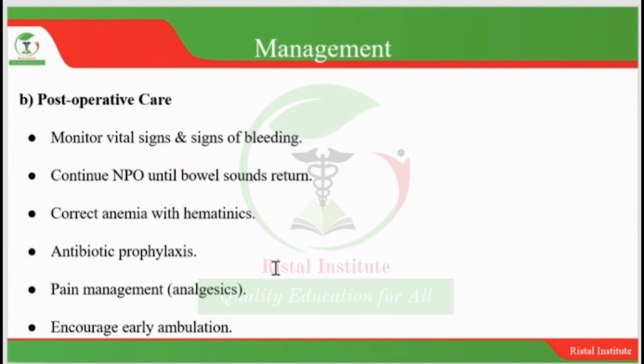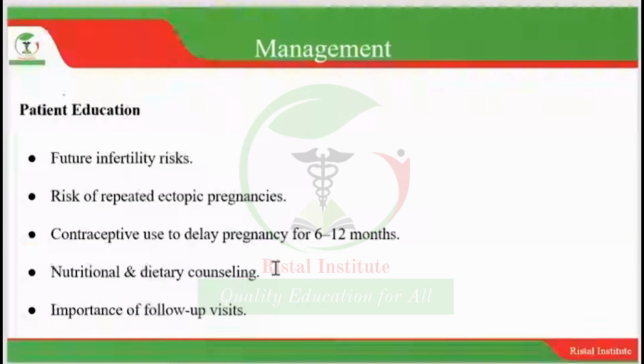Then correct anemia with hematinics. If the mother has anemia, she should be given things that can help in generating blood. Then antibiotic prophylaxis can be given to the mother. Pain management can be done using analgesics, and we also encourage early ambulation.